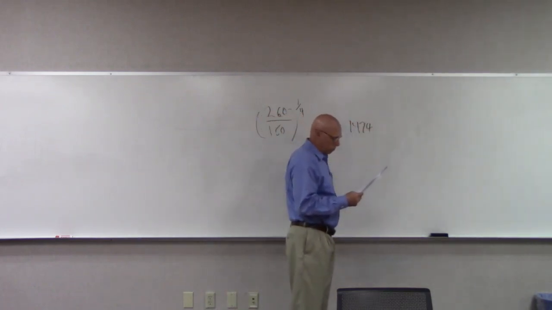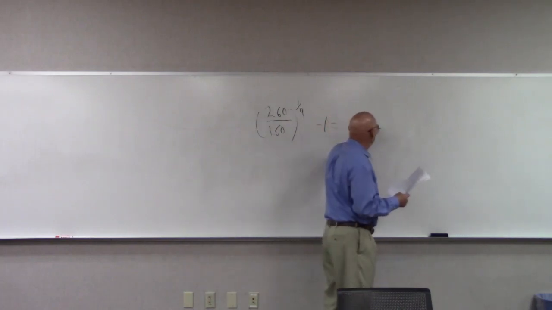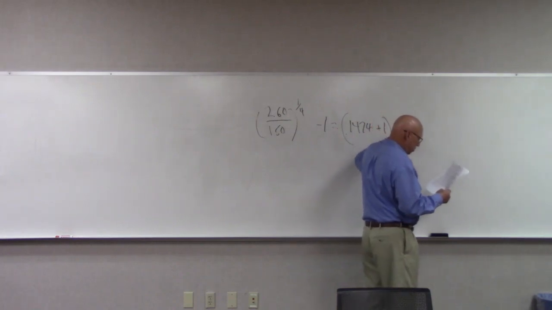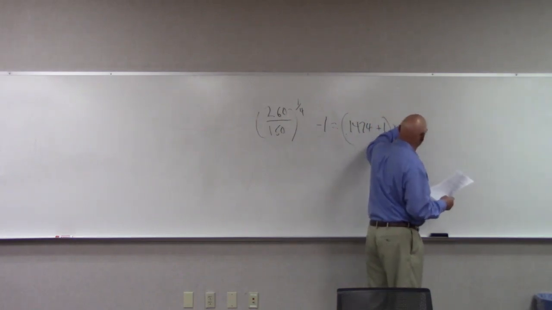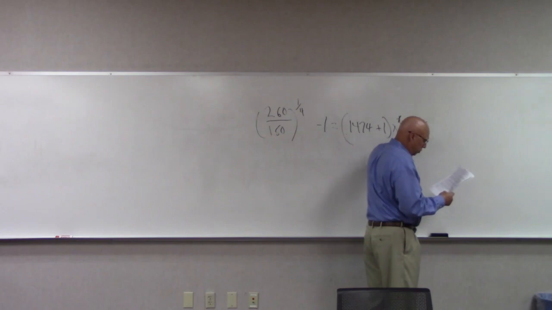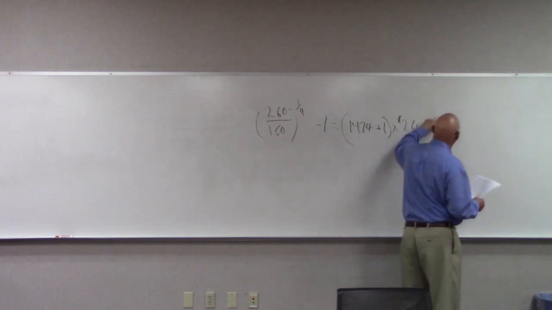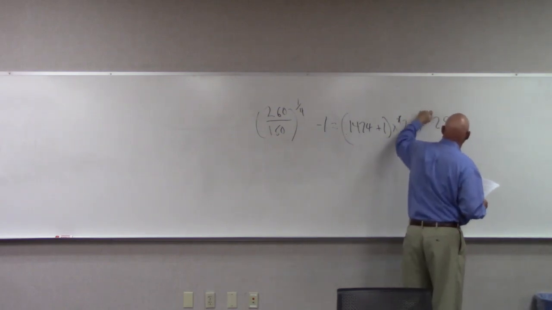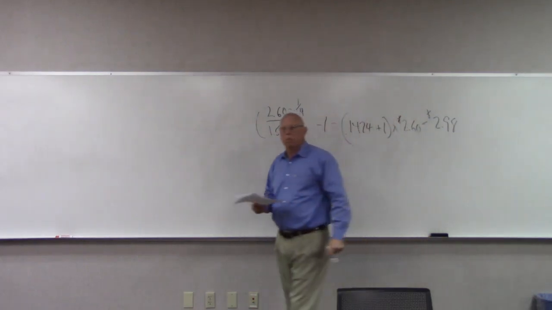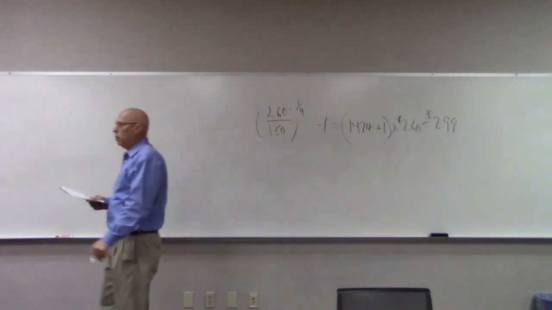0.1474, okay, plus 1, times $2.60, the last dividend, gives you the next dividend, which is $2.98. See how I did that?